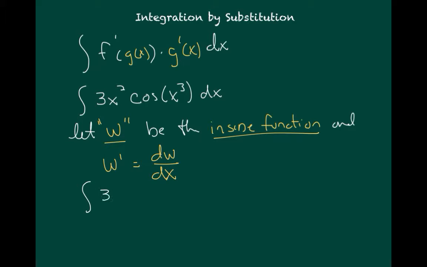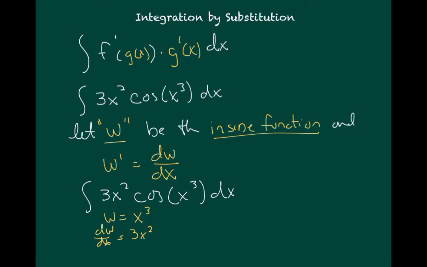Let's just start with 3x squared times the cosine of x cubed, like we had originally. But then underneath, I say w equals the inside function x cubed, and w is always going to equal the inside function. Then dw/dx, which is w's derivative, equals 3x squared.